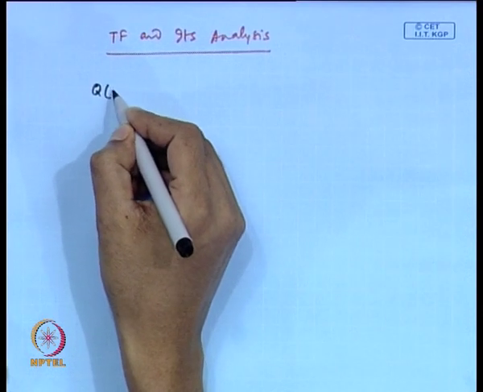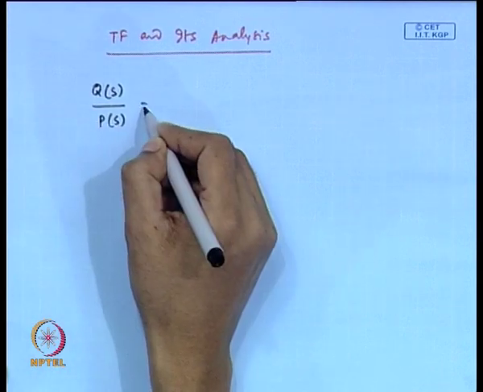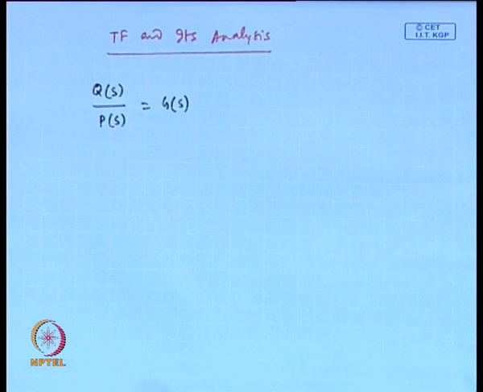So, we have mentioned earlier that this Q(s) divided by P(s) is basically the representation of a transfer function. I mean the transfer function is the ratio of two polynomials, Q(s) divided by P(s).